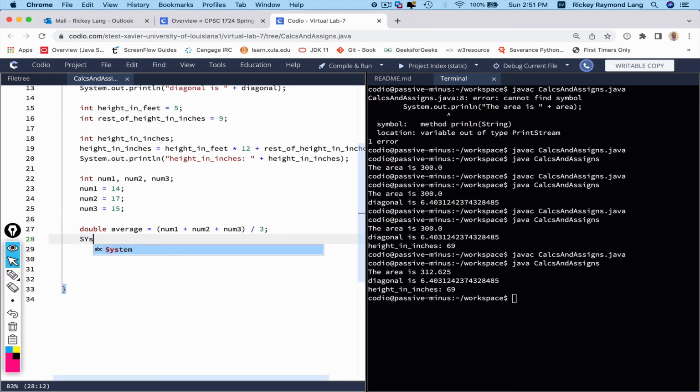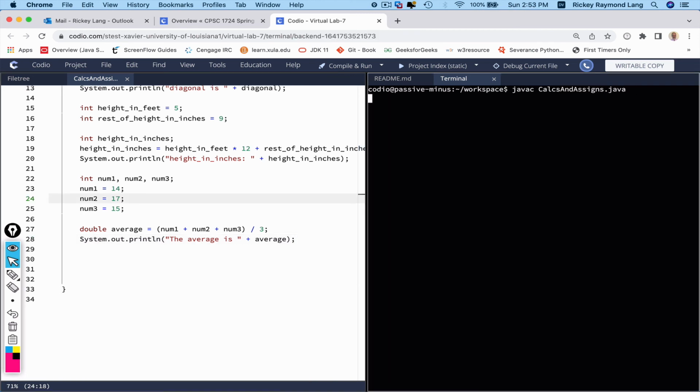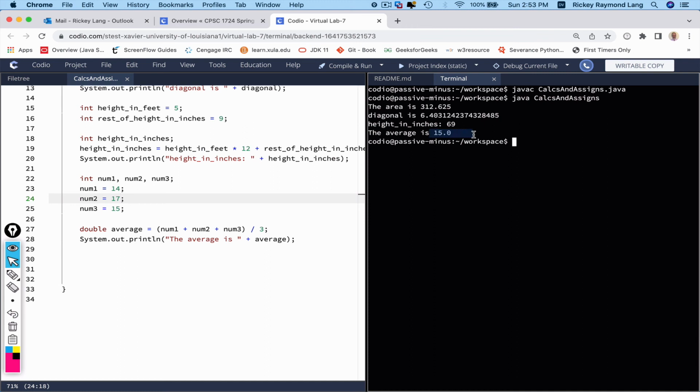And then we can see the output. Let's take a look at that. And average is 15.0.